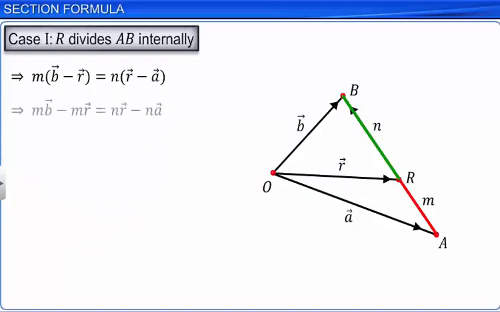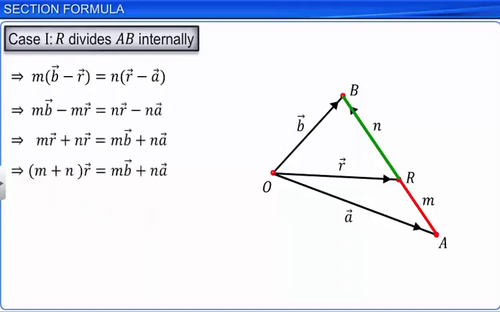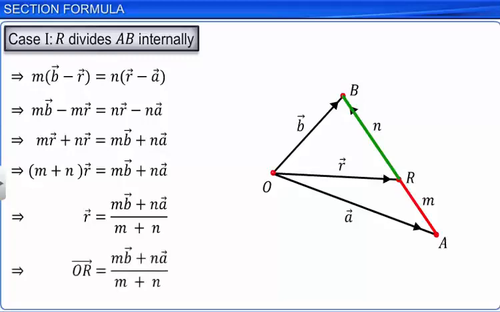On simplification, we get vector R is equal to (m into vector B plus n into vector A) divided by (m plus n). This expression gives the position vector of point R that divides line segment AB internally in the ratio m:n.